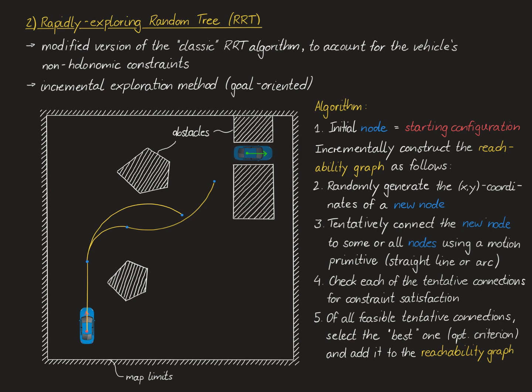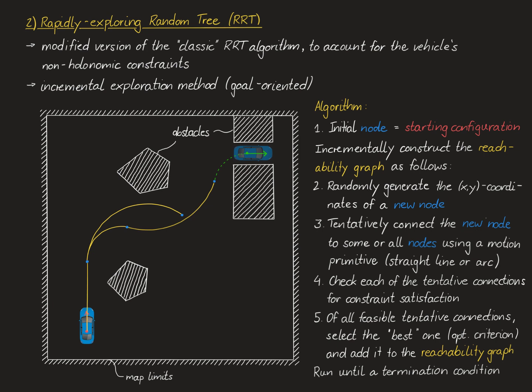In case we cannot find any feasible connection, we simply discard the new node and go back to step 2 and generate a new random node. The RRT algorithm runs this whole loop, meaning steps 2 through 5, until a termination condition is satisfied. So for instance, until we have reached a maximum number of iterations, or until we have found a valid path from the starting node to the final node.